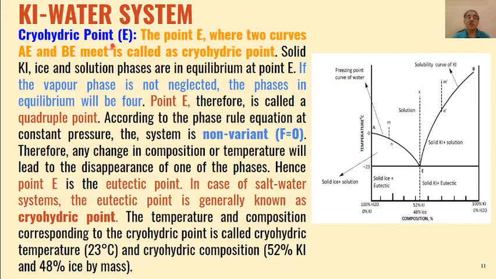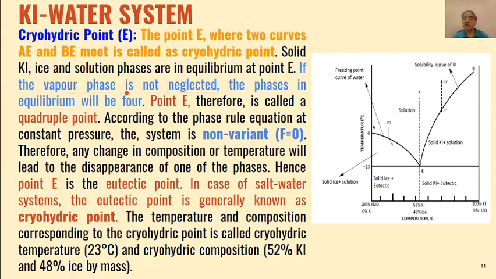Then point E, which is also called the cryohydric point, is where both the curves AE and BE meet. Here the phases in equilibrium are solid potassium iodide, ice and solution phase.